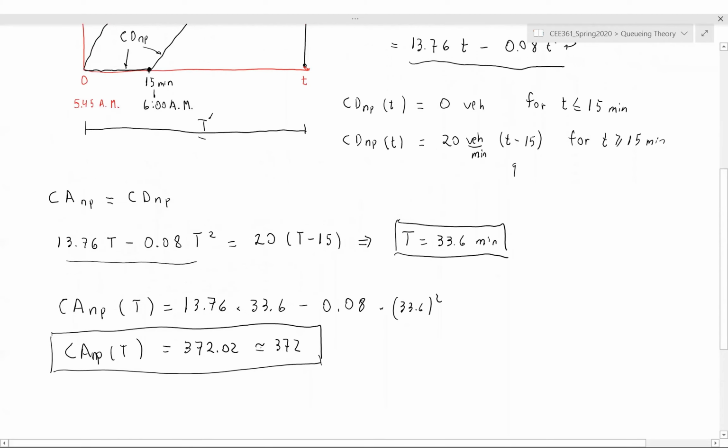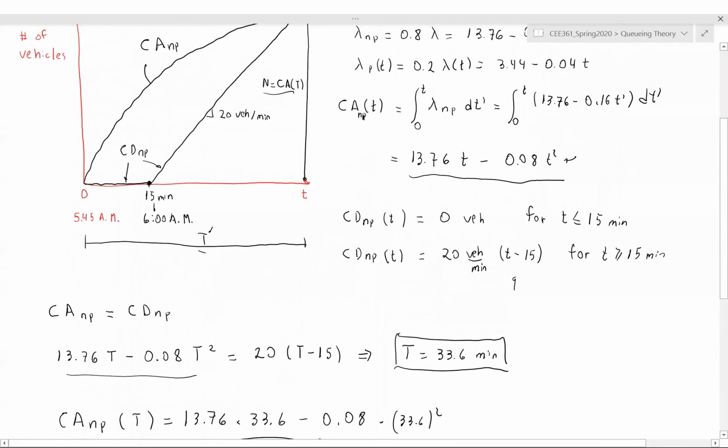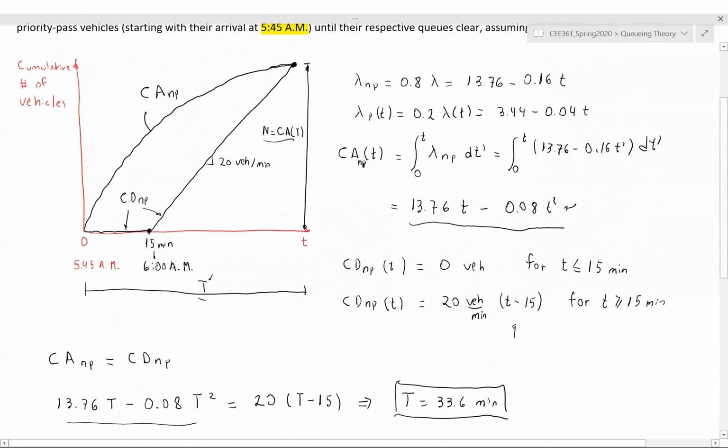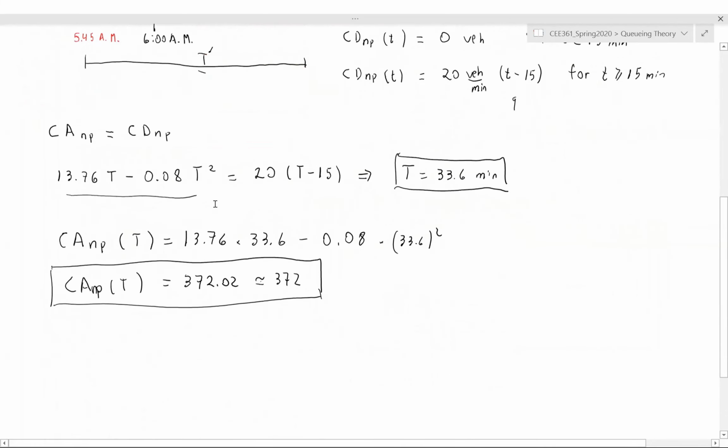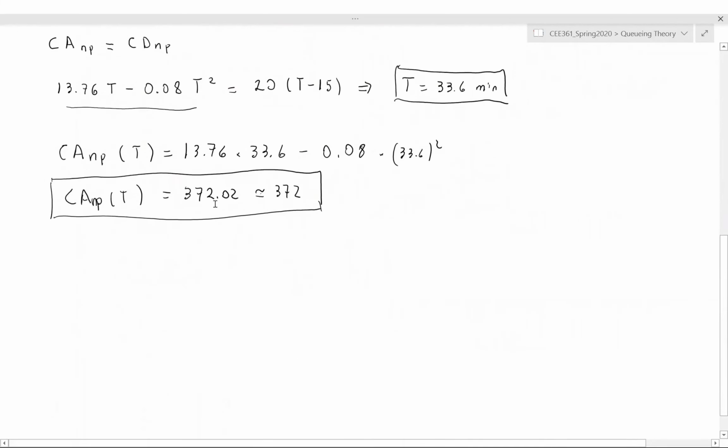Now, remember the question was, we need to get the average delay. So the first thing we need to do is get the area between these curves. So for that, we can do an easy integration. Let's get the total delay.